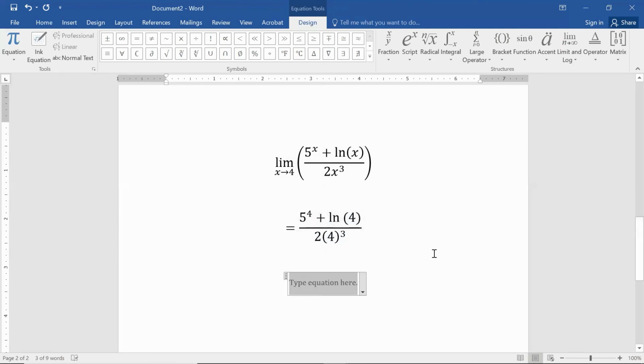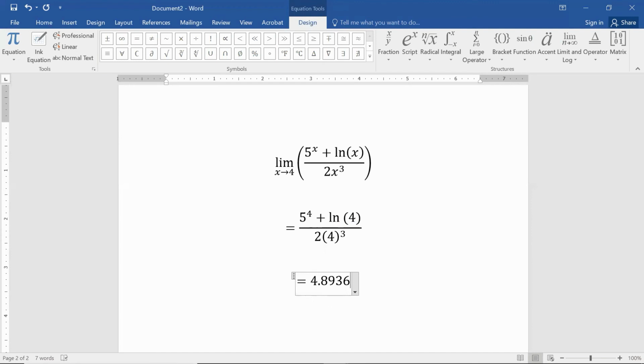Just take 5 to the 4th plus natural log of 4, divided by 2 times 4 to the third. Now, you do this in a couple of stages because it's not going to turn out to be a nice whole number answer. In fact, when I did this, I got an answer that was about 4.8936, I guess, if I rounded to 4 places.